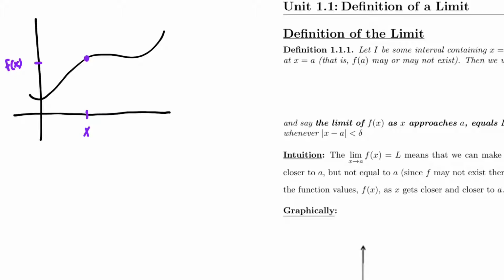The y value is what we call f of x. If I know where the point is, I can tell you what this value is, right? So like if I was told that this was 2 right here, I could say that f of x is equal to 2. This means that the y value is 2.